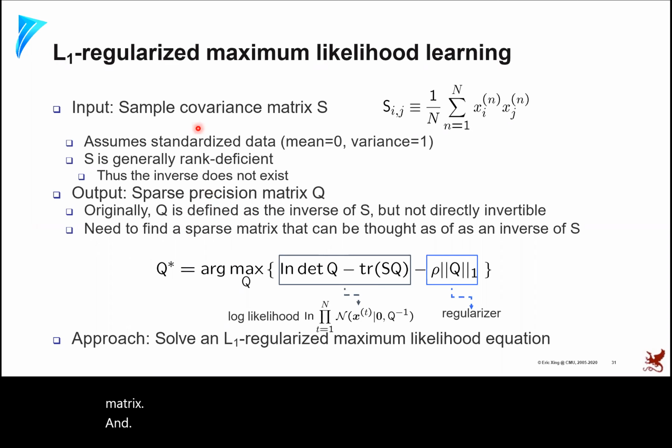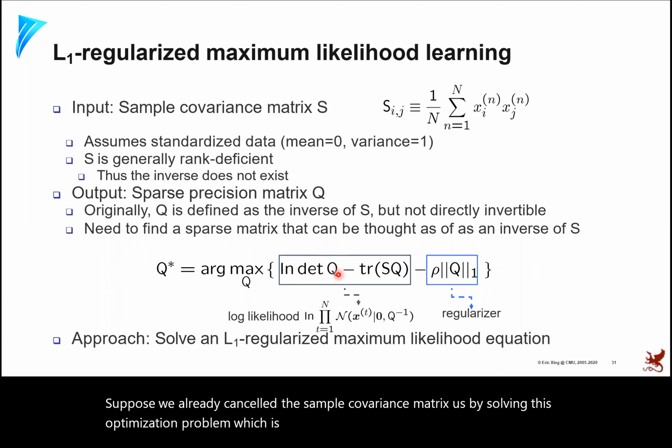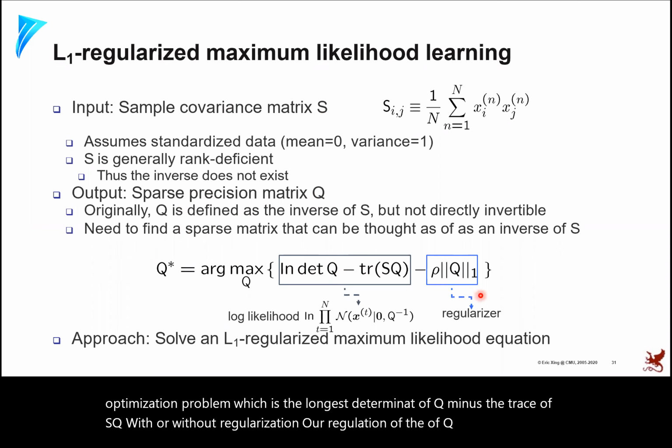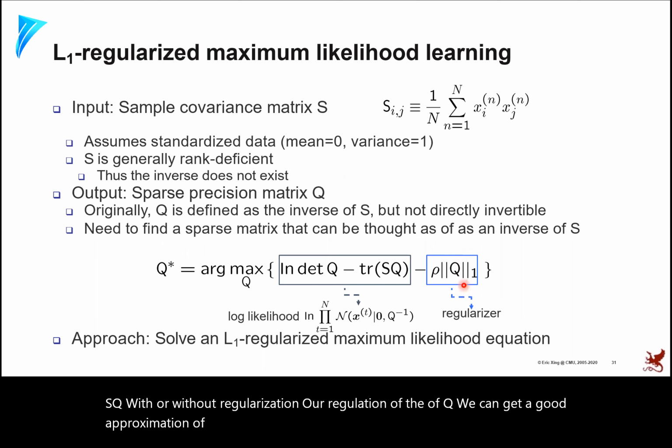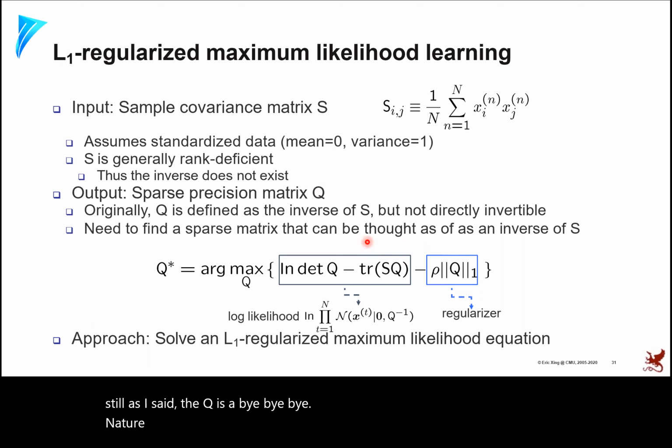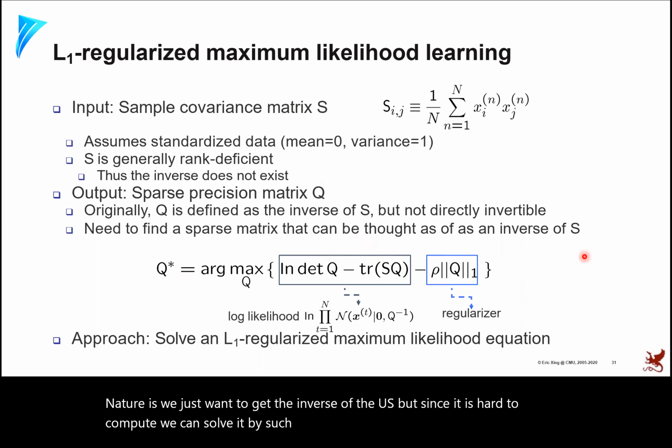Suppose we already get the sample covariance matrix S, by solving this optimization problem, which is the log determinant of Q minus the trace of SQ with an L1 regularization of Q, we can get a good approximation of the precision matrix Q, given the covariance matrix S. Still, as I said, Q by its nature is just the inverse of S, but since it is hard to compute, we can solve it by such an optimization problem.